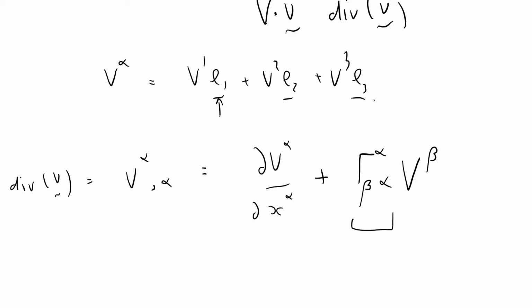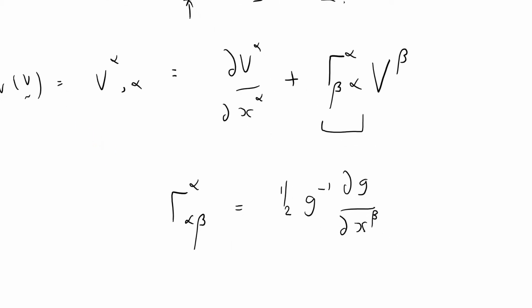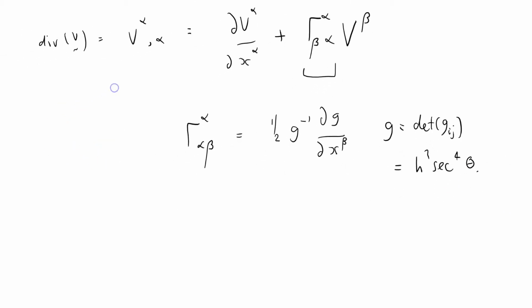But we've got this wonderful system that now tells me that the contraction of it, and remember I'm assuming no torsion, so it's symmetrical in its lower indices, equals a half g to the minus 1 times ∂g/∂x^β, where g equals the determinant of the fundamental tensor in your particular coordinate system, which in this case was equal to h squared sec to the 4 theta. All right, so let's just evaluate this thing and we'll see what it's like.